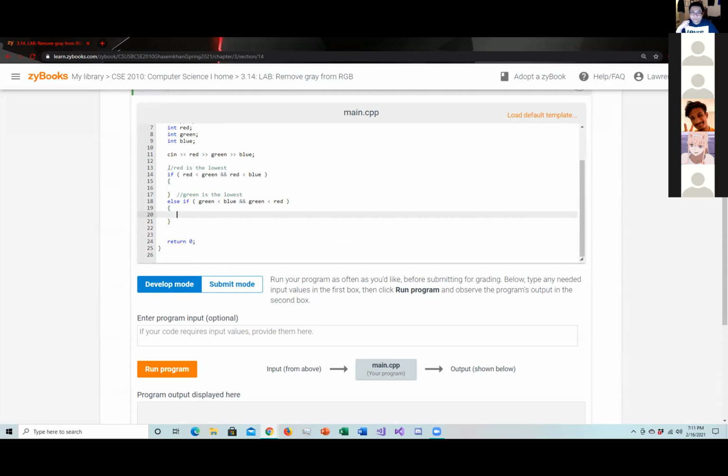What would happen then? If two values are tied for the lowest, then it wouldn't matter if we do the statement if red is lower or if one or the other is the lower one. No, the result would be the same.